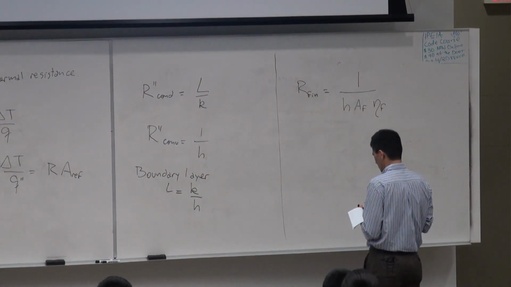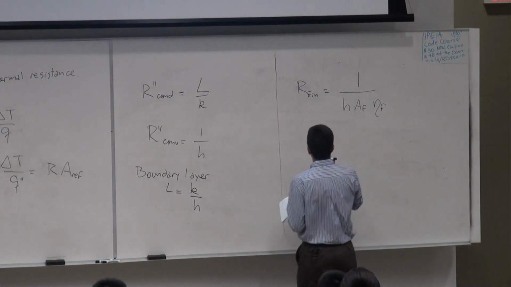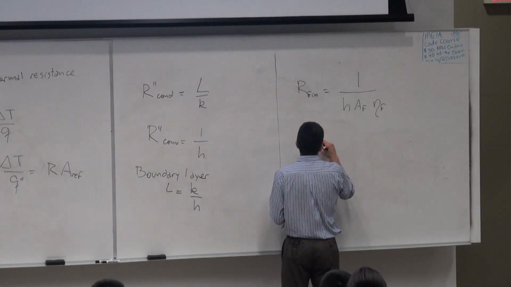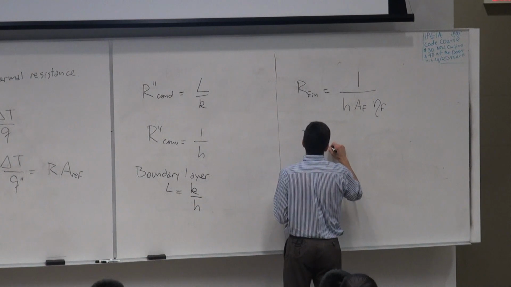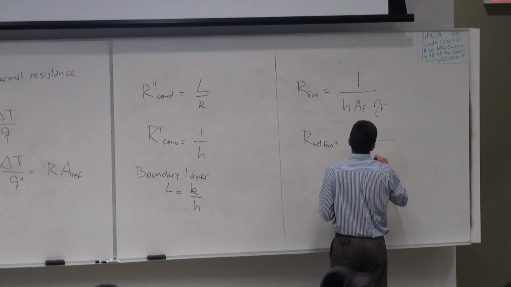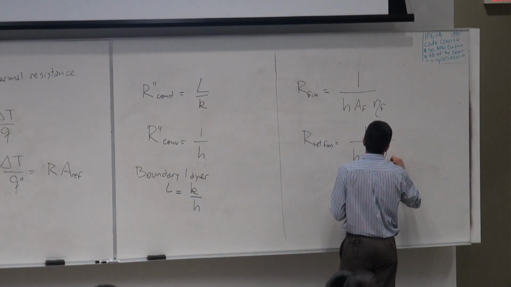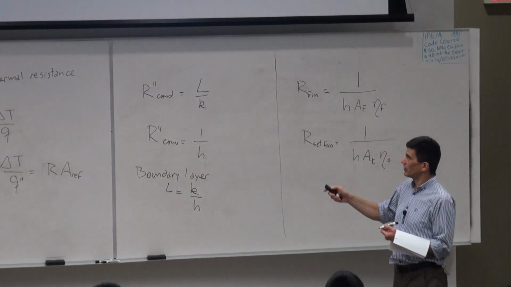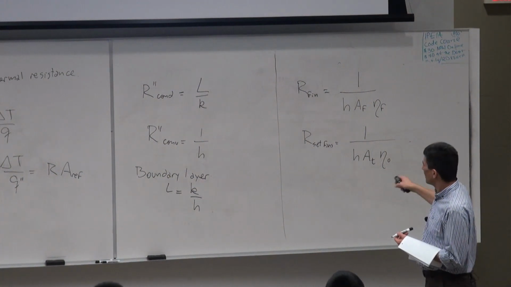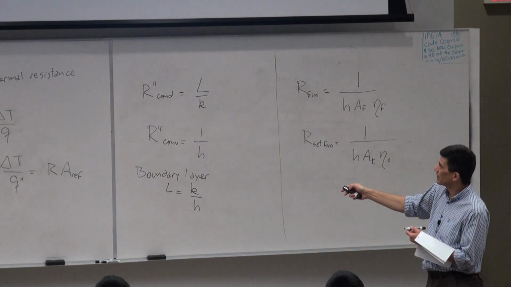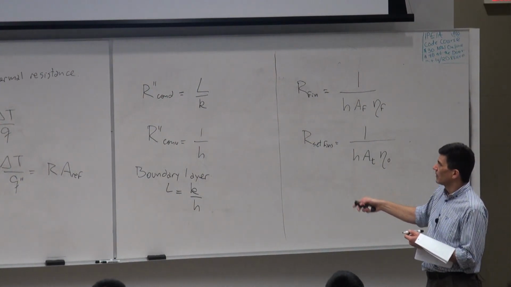And then we talked about a set of fins, and we said it's 1 over H, A total. So A total was the area of the whole set of fins, and this efficiency of the set of fins comes from this formula.